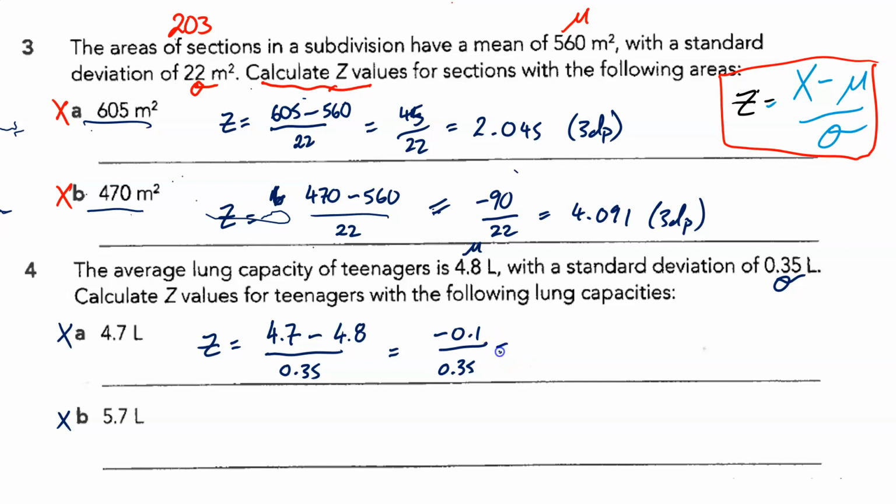Which gives us 0.2857 to 4 decimal places. We don't need the 7, so let's try that again. 0.286 because we want 3 decimal places, because our table only goes to 3 decimal places.